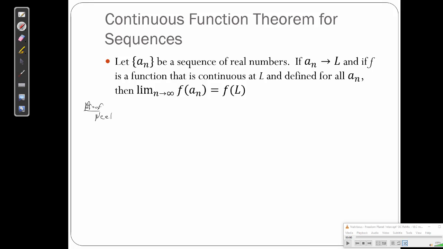We need to show there is an N greater than 0 such that if little n is greater than N, then the absolute value of f of a sub n minus f of L is less than epsilon.